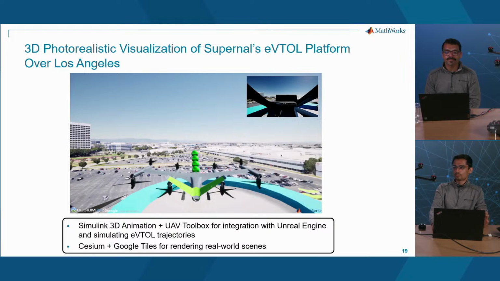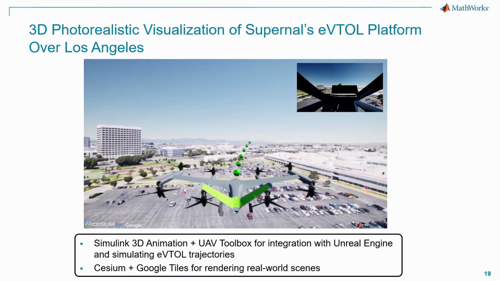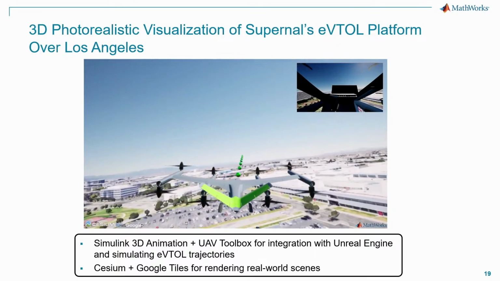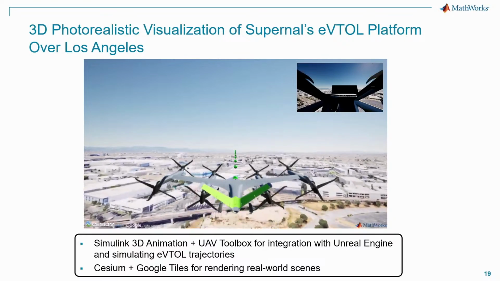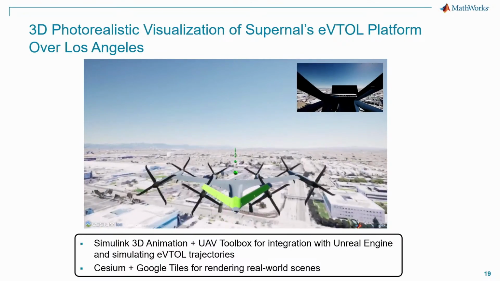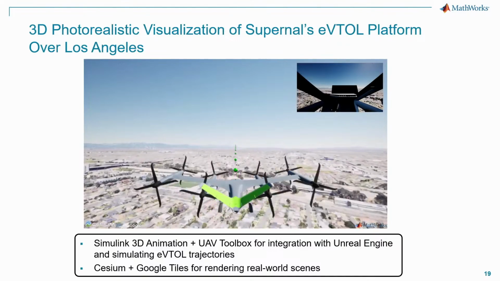Cool. So we wanted to end this section bringing back the Supernal story we showed in the beginning and show you this cool demo that we built with them. So here you can see their aircraft, which they actually provided us the asset, and we imported it in Simulink using Unreal Editor. And then we had these trajectories that are visualized with these green markers in the simulation. Right.